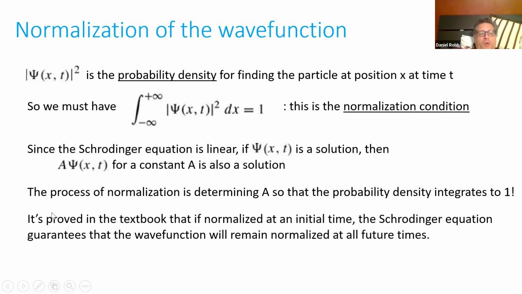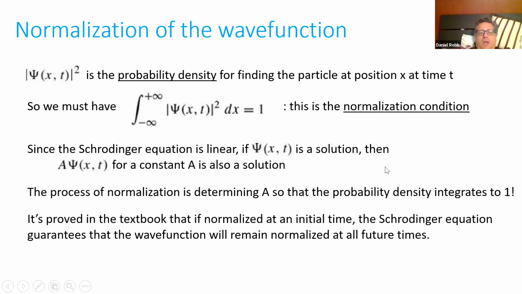And then last point, it's proved in the textbook that if normalized at an initial time, the Schrodinger equation guarantees that the wave function will remain normalized at all future times. That's important because if at time 0 this held, and then as the wave function evolved the Schrodinger equation changed the value of this integral, then the total probability, which started at 1, could vary from 1, which wouldn't make mathematical or logical sense.